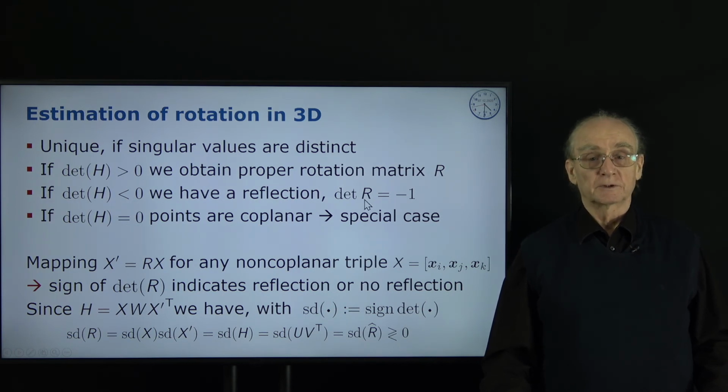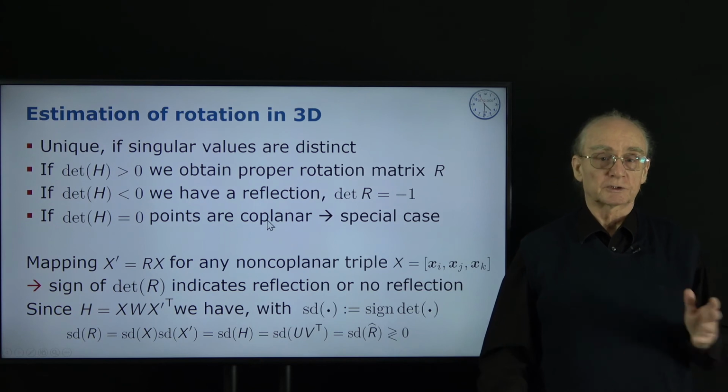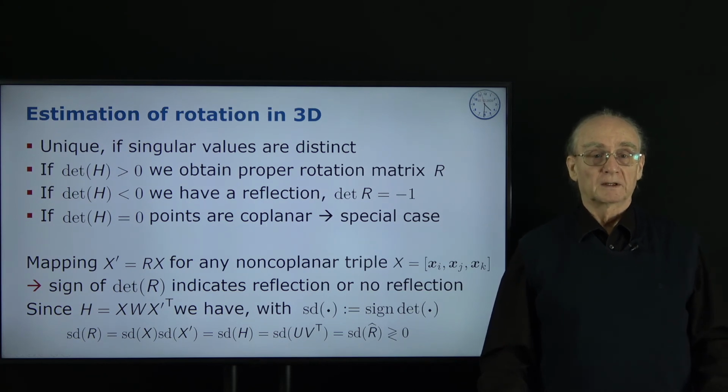That means the determinant of R is -1. That means we have an orthogonal matrix R. And if the determinant is 0, the points are coplanar, and we have to make a special discussion, which I don't want to follow. Now, how is that with the determinant?